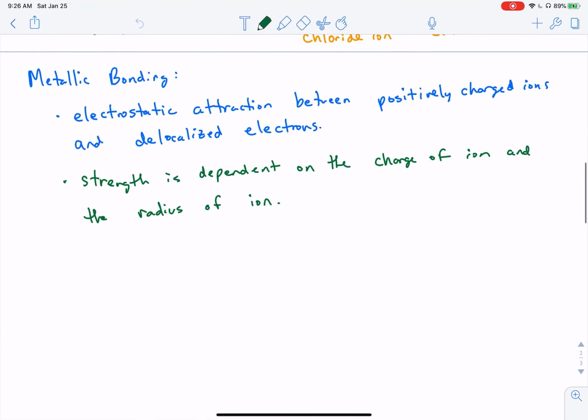So you'll say that you want a smaller radius and a larger charge for a stronger metallic ion. That's a general concept here, so understanding that with melting point.